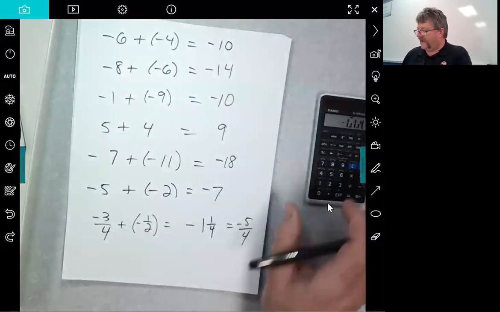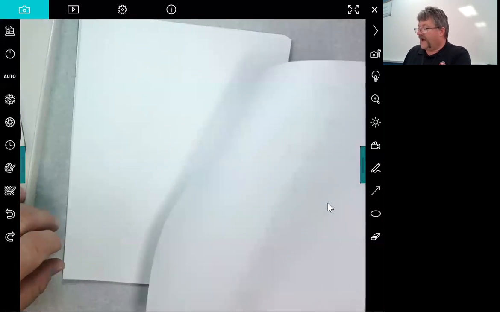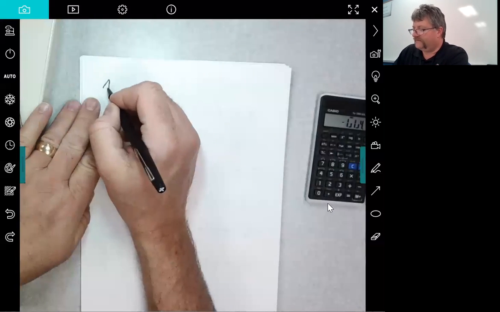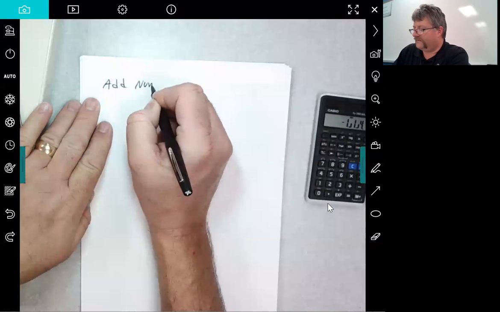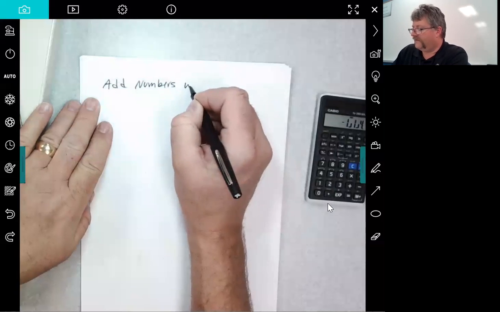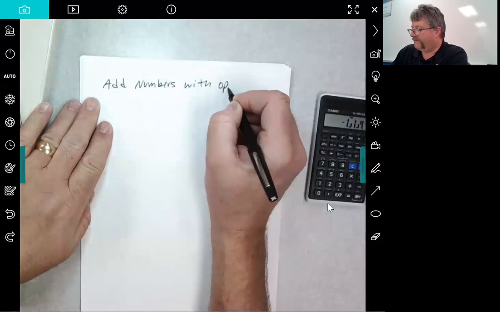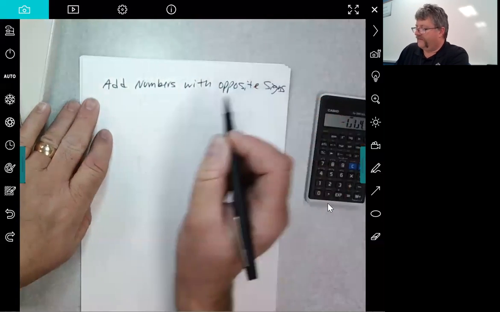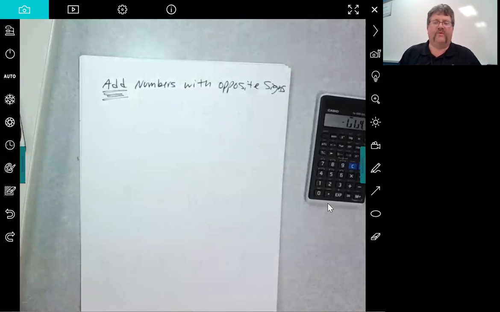Well, what if we have to add numbers with opposite signs? And let me really underline add. We're still adding, but here's what you do.